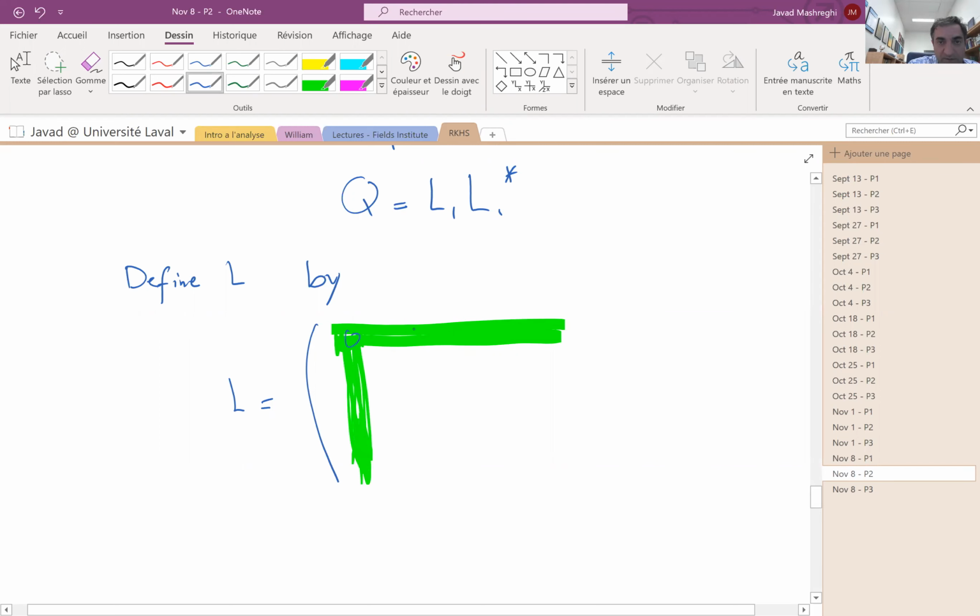So these are all 0. And then I put L1 here. And note that L1 is lower triangular, so everything here is 0 and L1 is there. This 0 is also part of L1. But this way you immediately see that L is lower triangular.